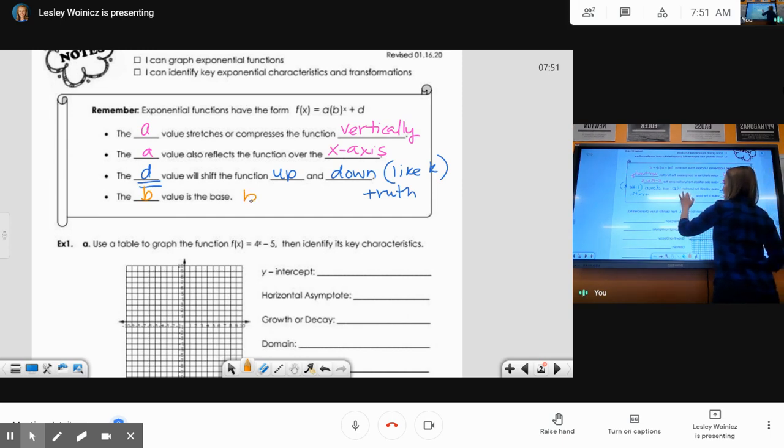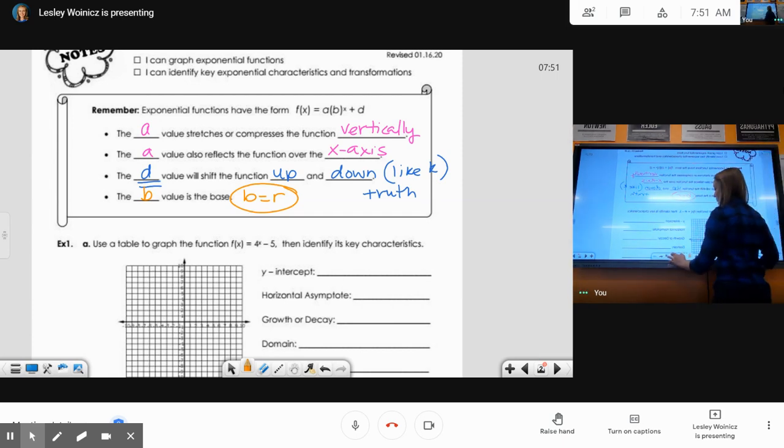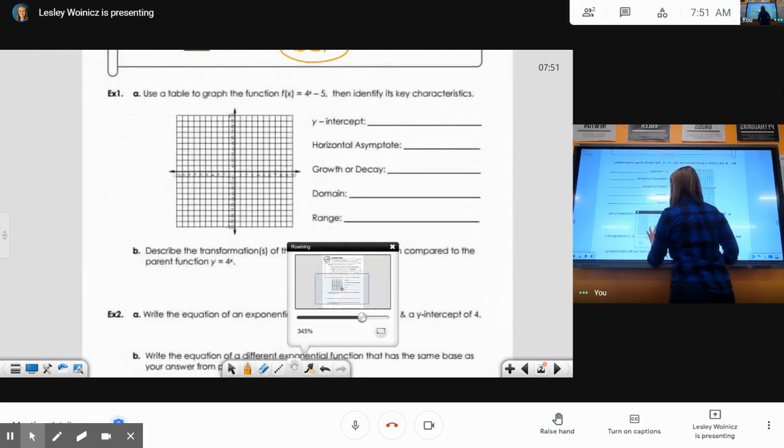Remember that b is the same as the common ratio, the pattern that we multiply by.